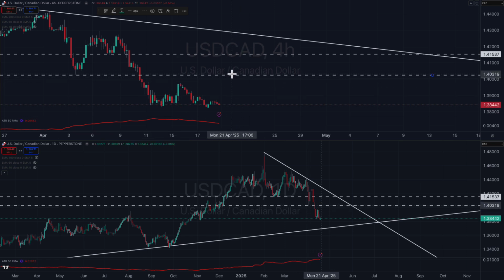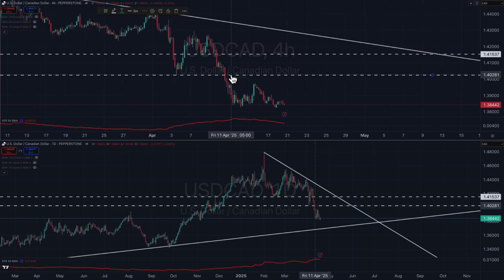If the market rallies up into there, you're also well within your rights to take a sell trade. So either 1.4024 or 1.4156 are the levels that you want to keep an eye on going into next week's trading.